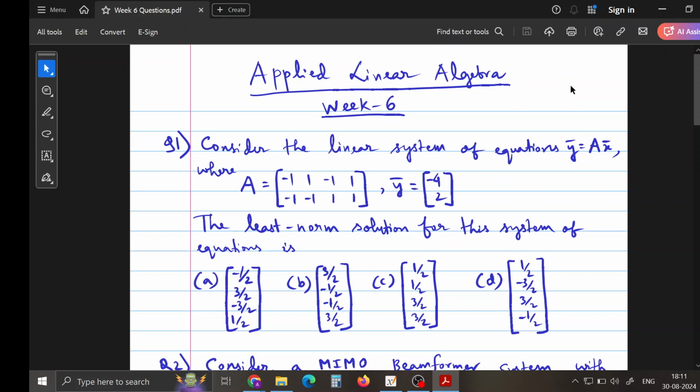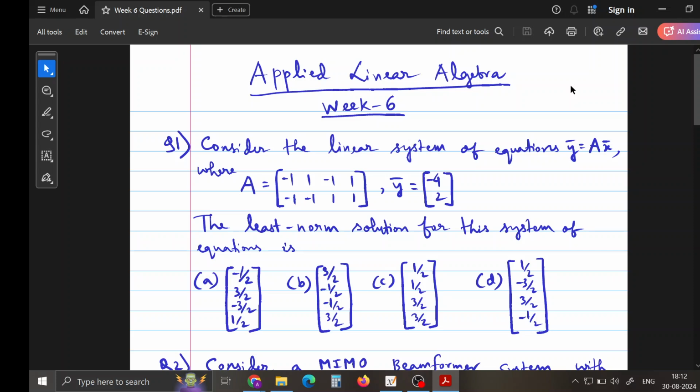So we are given a system of equations like y bar equals A times x bar, and A is the coefficient matrix that's given to you. It's a 2 cross 4 matrix, and the vector y bar is given, a 2 cross 1 vector. So the unknown quantity here is the x bar vector. What is the least norm solution for this system of equations? What's the least norm solution for the unknown x bar vector is what has been asked in the question.